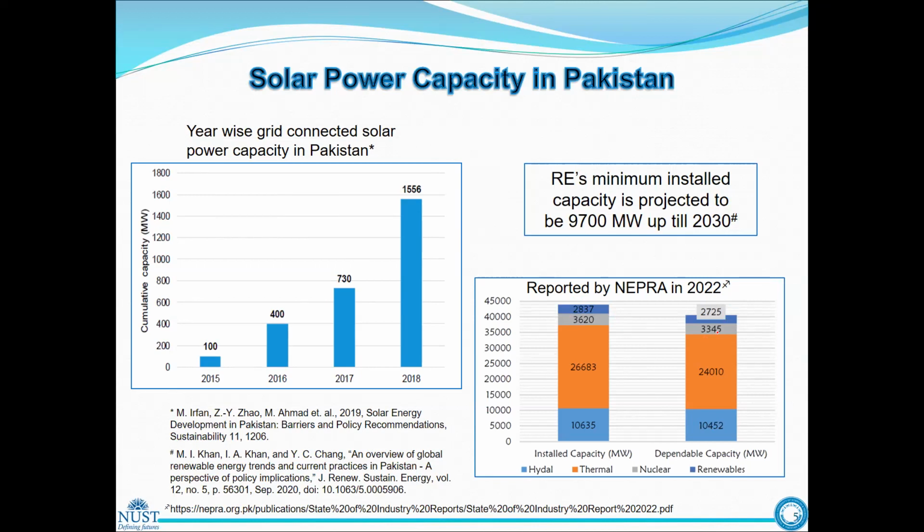So when we talk about solar technologies, there should not be such a gap between installed and dependable capacity. But this gap can be there because the designing and installation of such systems is not up to the mark.